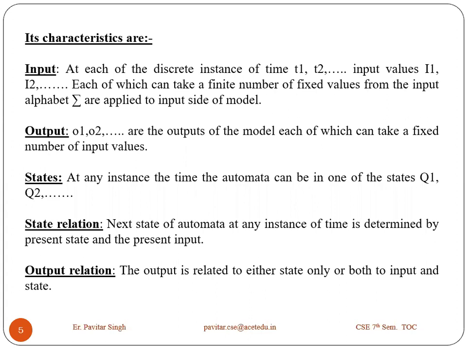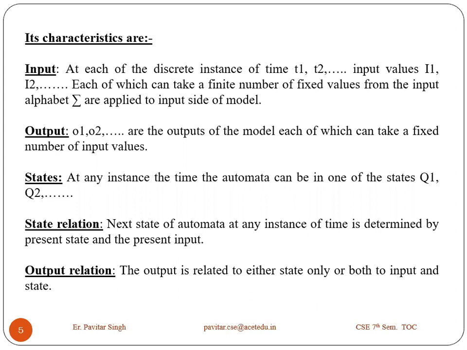So the very first characteristic is input. If you don't give any input to the system, you will not get any sort of output, right? So the very important first characteristic for automata is input.